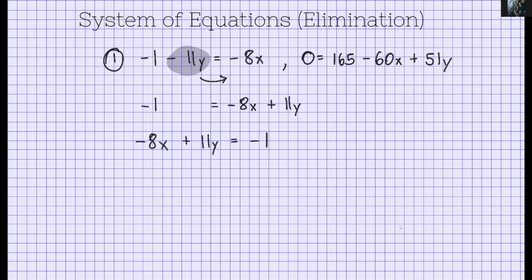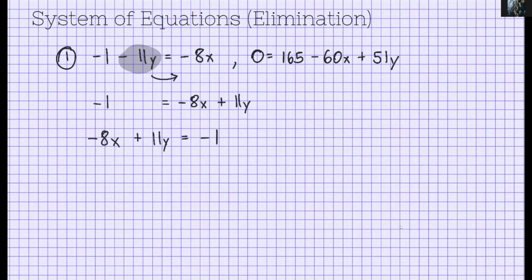So now I'm going to do the same thing for the other equation. I'm going to move this number, the 165, to the other side. So I will have negative 165 equals negative 60x plus 51y.